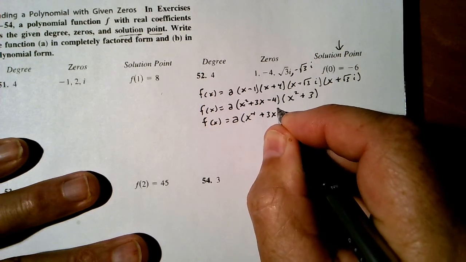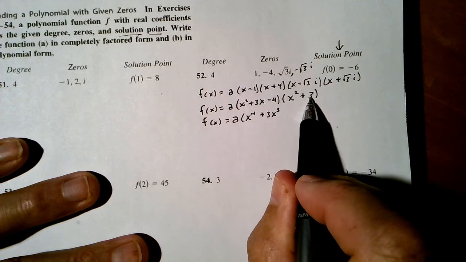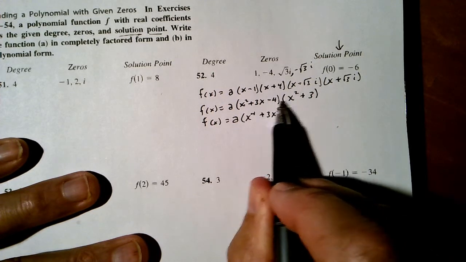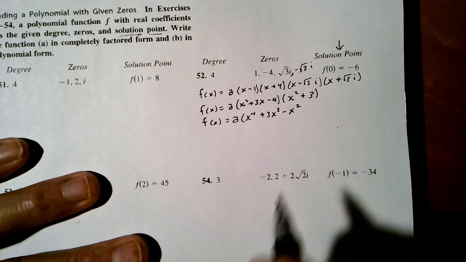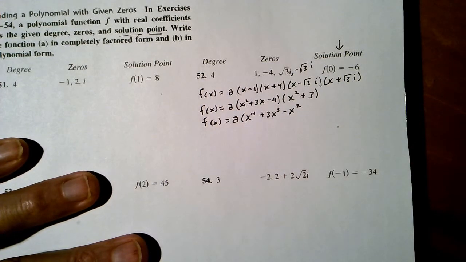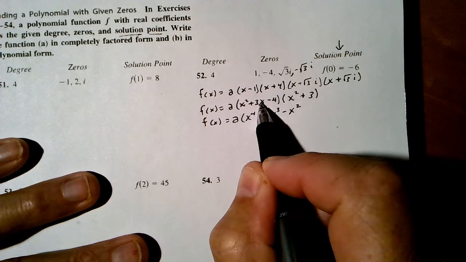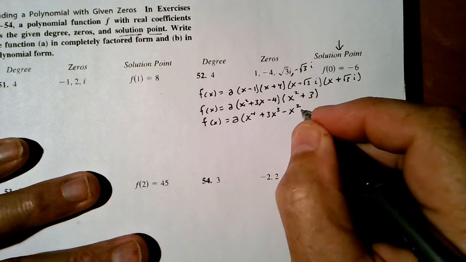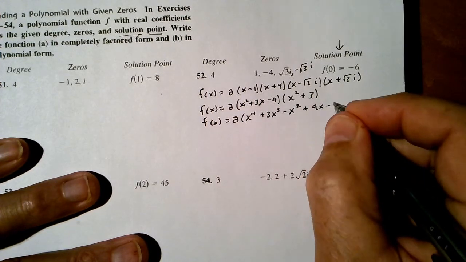Plus 3x cubed. How about x squareds? There's 3 here and minus 4 there. 3 minus 4, minus 1 x squared. And how about plain old x's? 3x times 3, and plain old numbers, minus 12.